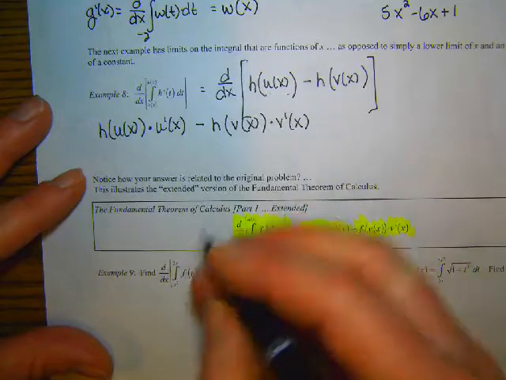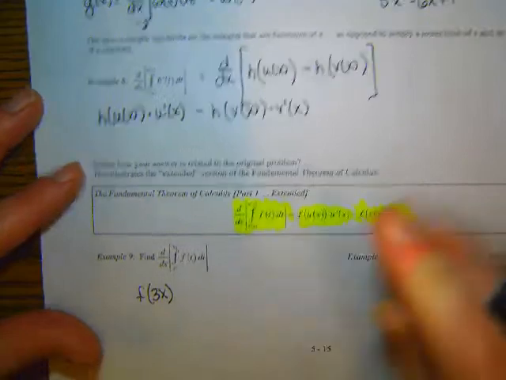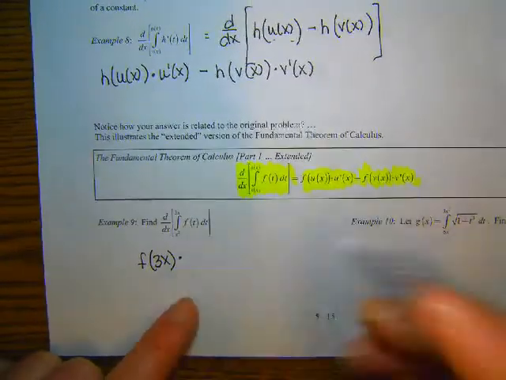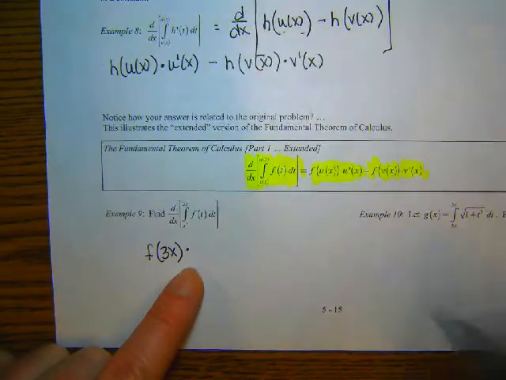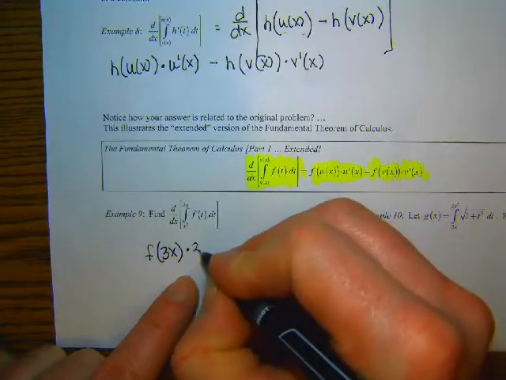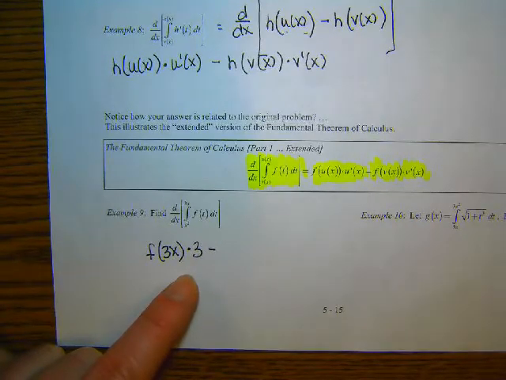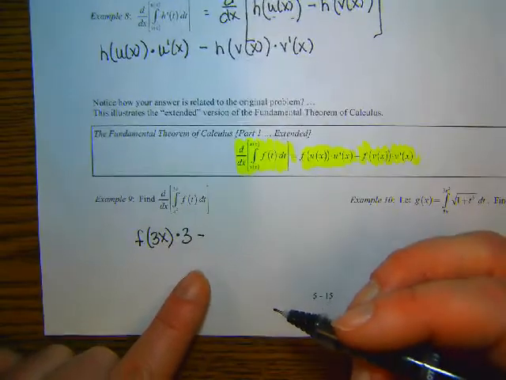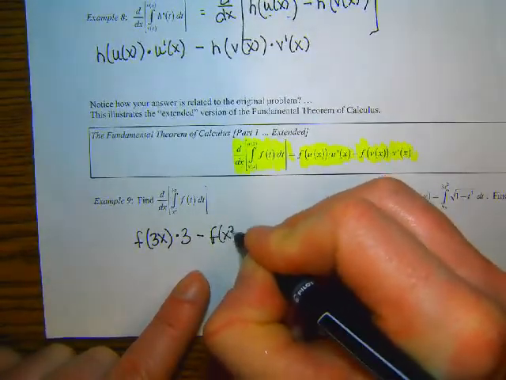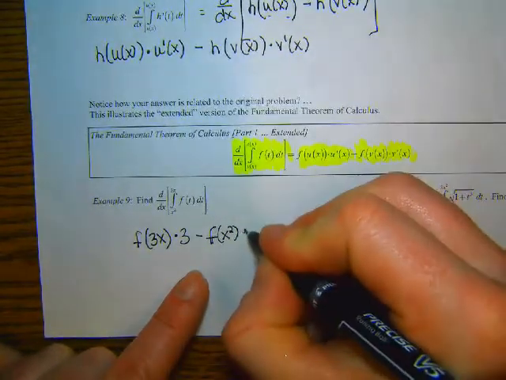This is going to be f of 3x, gotta put the whole thing in there, times the derivative of what's inside. What's the derivative of 3x? 3. Minus, what's the next part going to be? F of x squared times the derivative of what's inside, which is 2x.